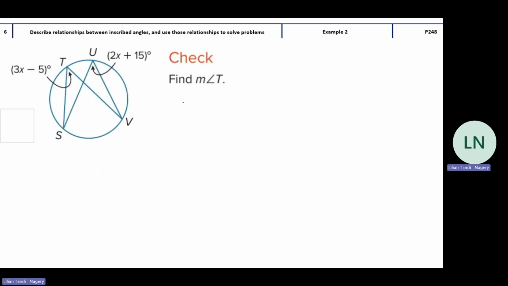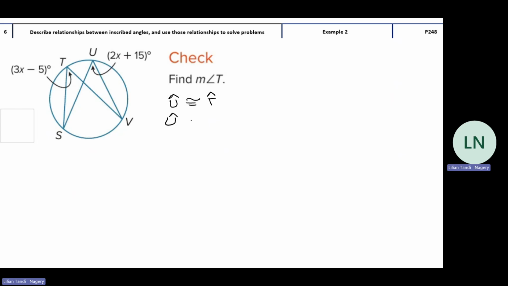All right, same thing here. We'll start with angle U is congruent to angle T. Angle U is 2x plus 15. No, we missed a sentence.